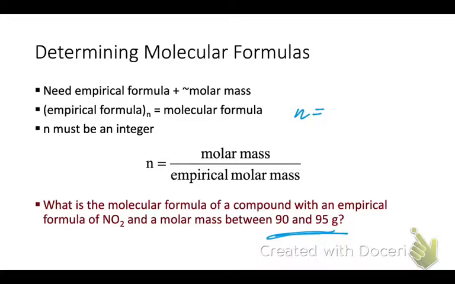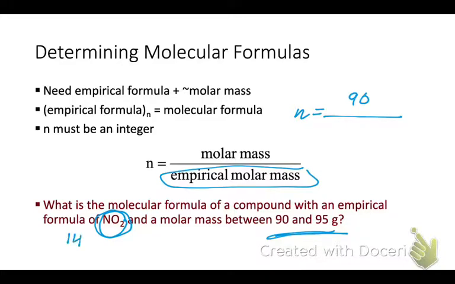So N will equal, let's use 90. 90 divided by, now I need the molar mass of the empirical formula. I have 1 nitrogen and 2 oxygens. Every oxygen is 16. So 16 and 16, that is 32. Nitrogen is 14. So you have 14 and you have 32. So if you add them together, that will be 46.